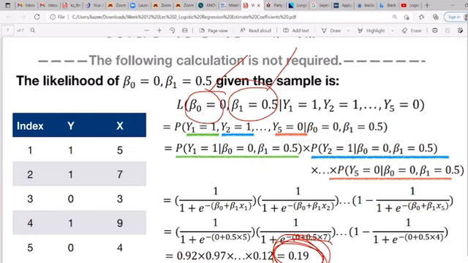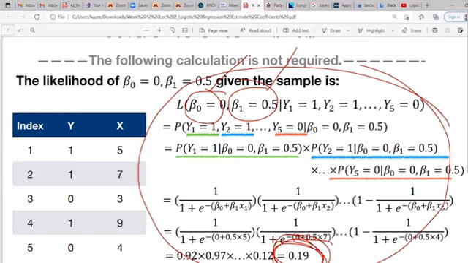The one I just showed is only the situation where beta naught equal to 0 and beta 1 equal to 0.5. This may not be the maximum likelihood value until we try the range of other values. We have to vary beta naught and beta 1 and see whatever likelihood value comes out of that.